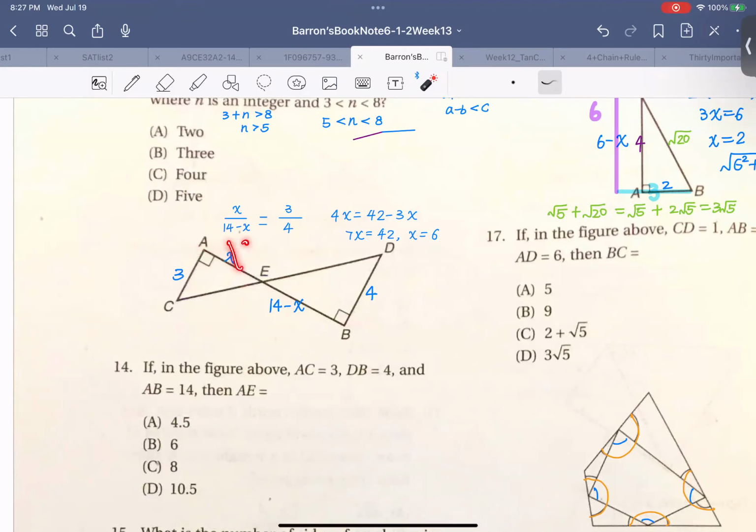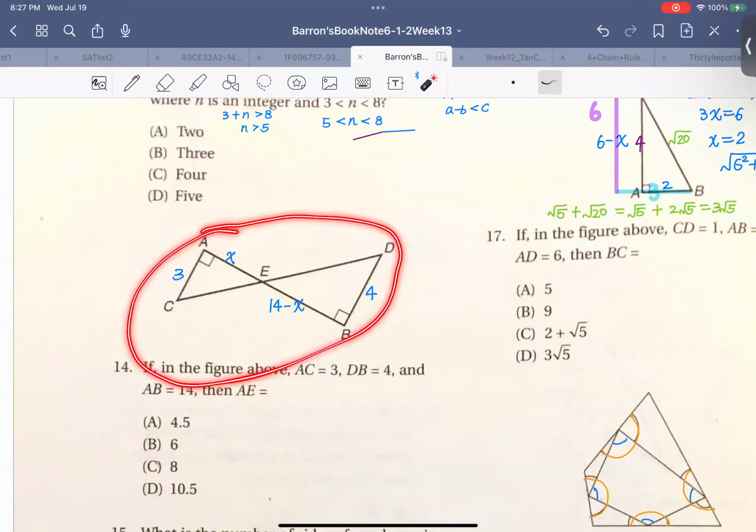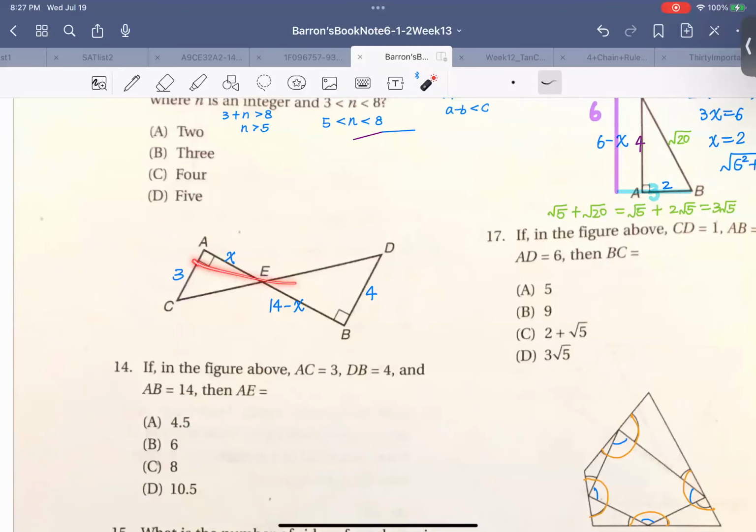If you make this side x, then this part will be 14 minus x. So you have the proportion x over 14 minus x equals 3 over 4, and then you can do the cross multiplication. I already showed you the work. Go ahead, write down the equation and solve it yourself to figure out the AE value.